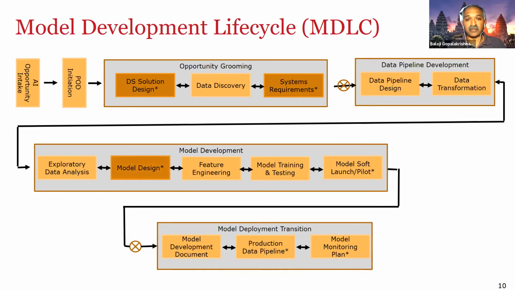Moving on to model development. Now that we have a pipeline fully developed, that is, an end-to-end, model-ready data set that data scientists can use to build their fancy models, it's important to take a step back and think through the model design.